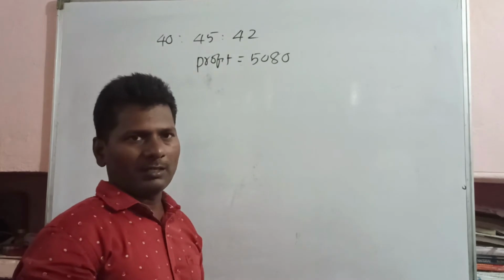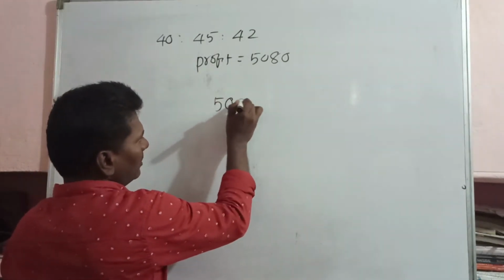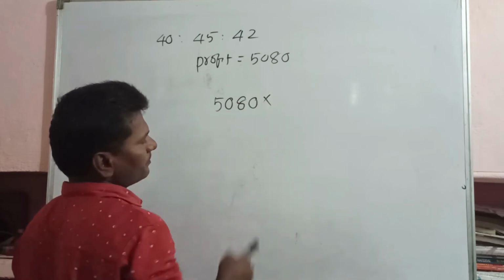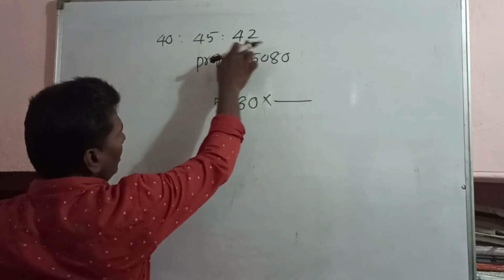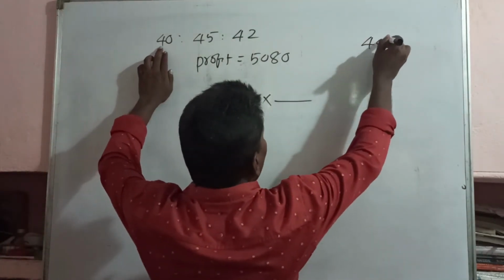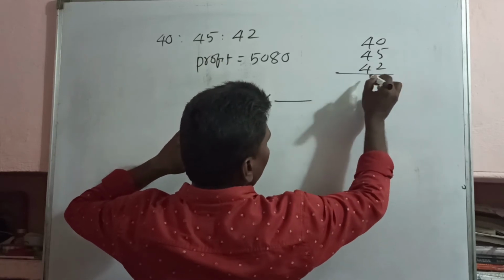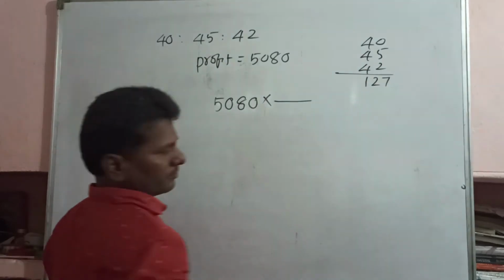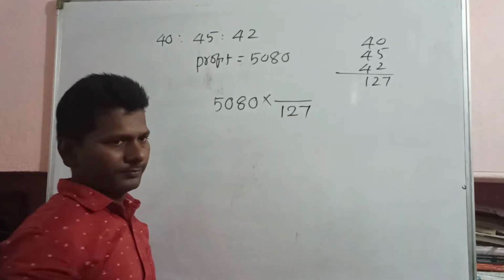That is given in the problem. So first we write profit 5,080 rupees. Total parts, we have to add all these numbers: 40, 45, 42. This is 127. So total 127 parts are there.